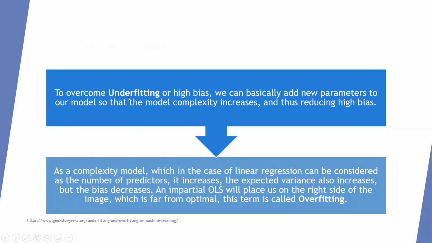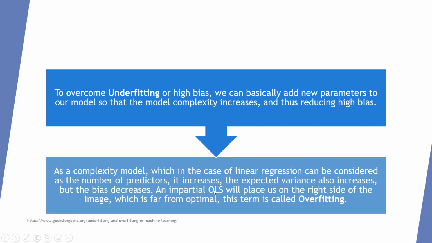So to overcome underfitting or high bias, we can add a new parameter to our model so that the model complexity increases, thus reducing the high bias. In the case of linear regression, model complexity can be considered as the number of predictors. As it increases, the expected variance also increases and the bias decreases.